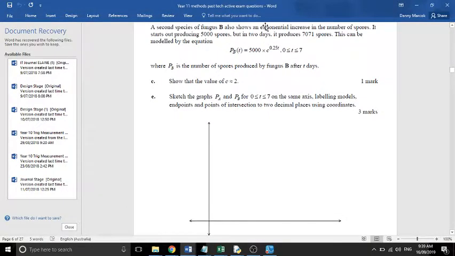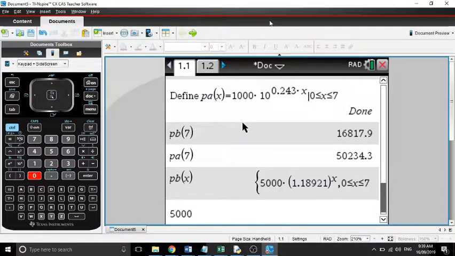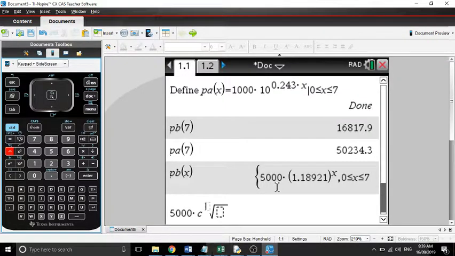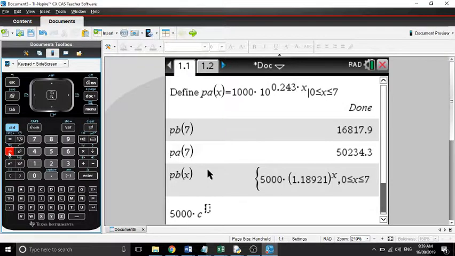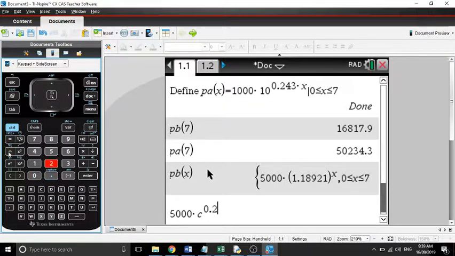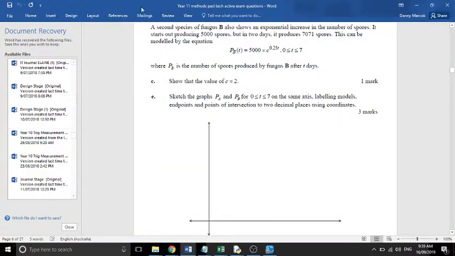I'd be writing down 5,000 times c to the power of 0.25 t. That's my equation.